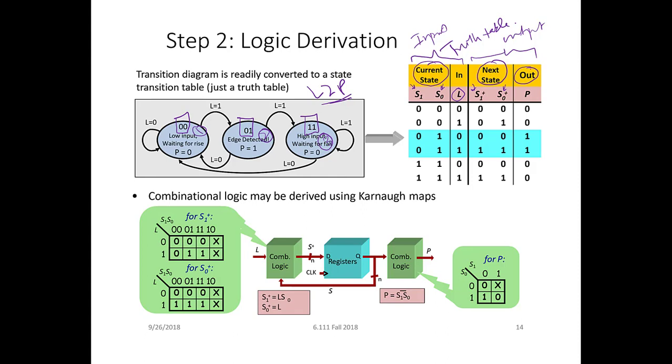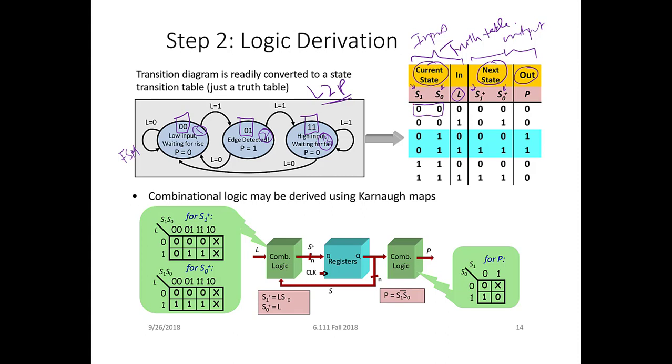Now it is very easy to convert this bubble diagram to the table. For example, consider the first circle. In the first circle, the present state is 0, 0. So it is here, it is 0, 0.